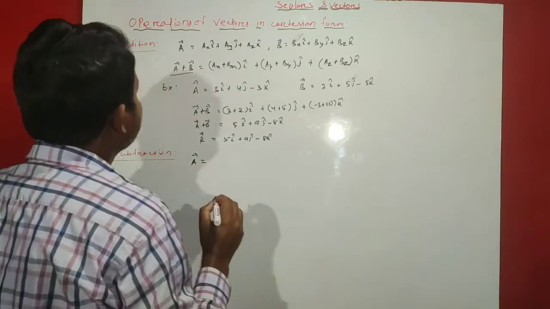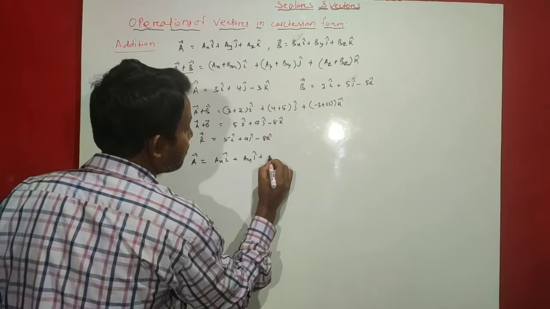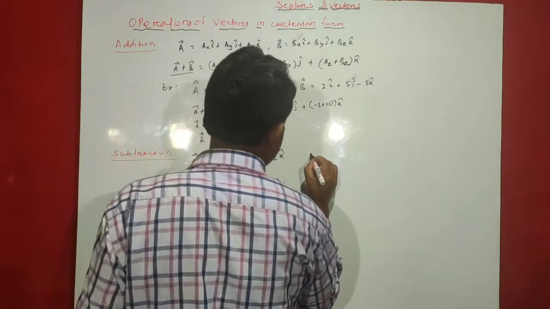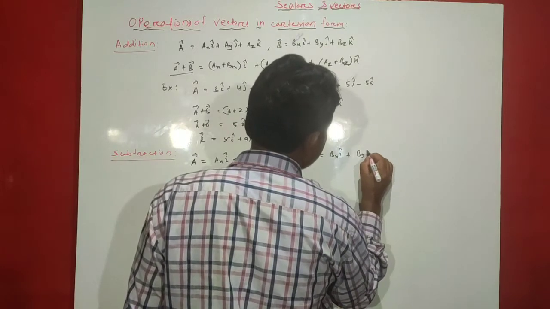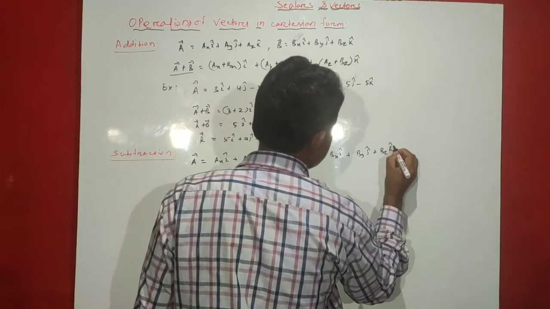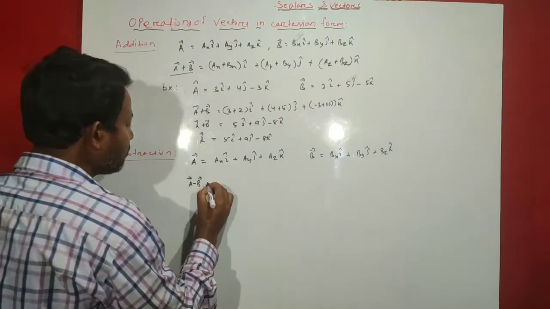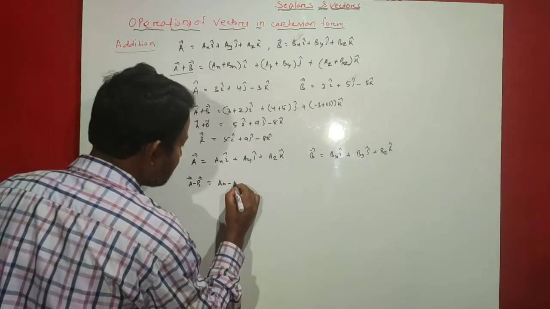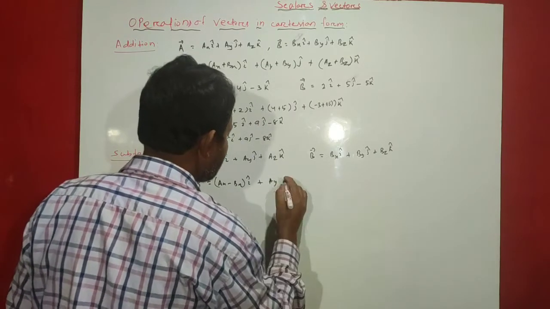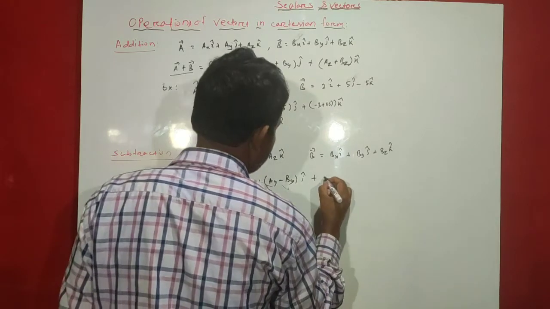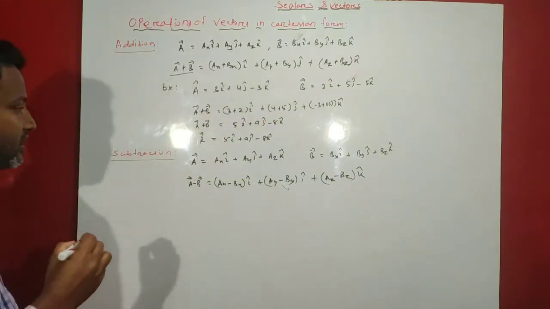Let vector a is ax i cap plus ay j cap plus az k cap, and then another vector, b vector is bx i cap plus by j cap plus bz k cap, and a minus b will be ax minus bx i cap plus ay minus by j cap plus az minus bz k cap.